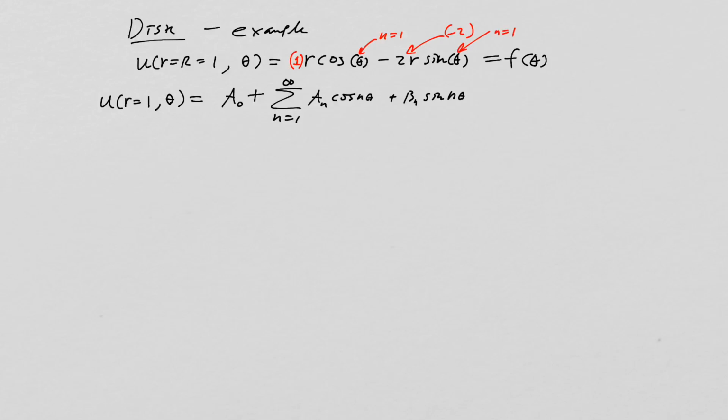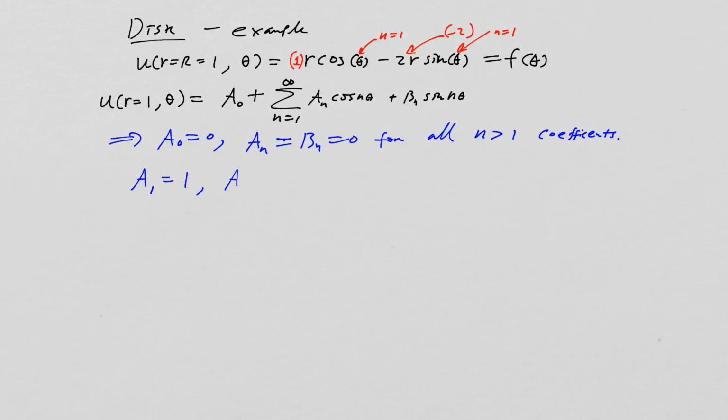So it must be that a naught is equal to 0, because there's no constant term, and then an is equal to bn is equal to 0 for all n greater than 1. Which leaves the final thing, that a1 is equal to 1 and b1 is equal to negative 2.